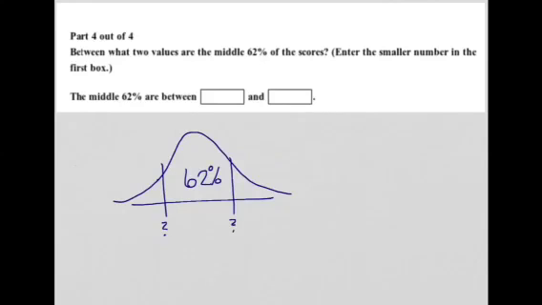Now, in these problems, they're always either going to ask you for the boundary value when you have a top percentage, so whatever percentage is in the top tail, or they'll ask you for a boundary value when you are given a percentage in the bottom tail, or they'll ask you for the middle whatever percent.